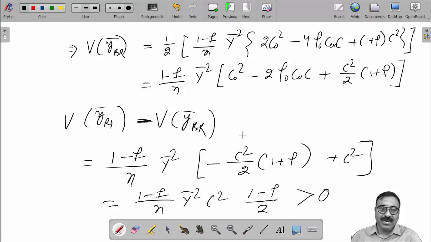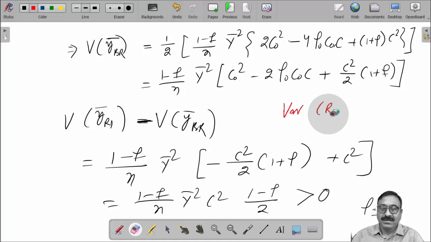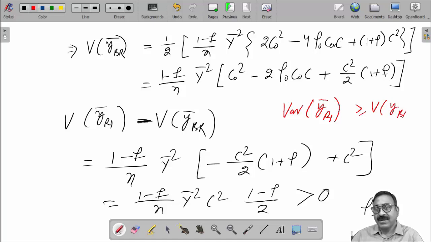And this becomes equal to 0 when rho is equal to 1. Therefore the variance of YR1 bar is always greater than or equal to the variance of Y BR bar.